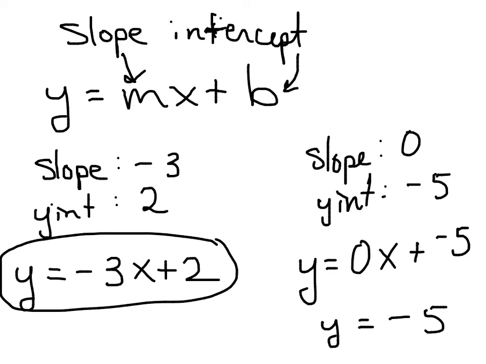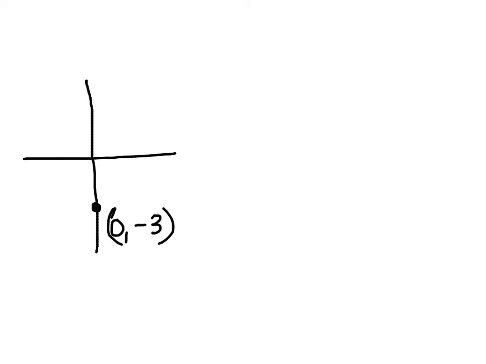So on the first example, they have a graph, and it goes right here at 0, -3. And then up here, it gives you an ordered pair of 4, 3. And then it has this line that's drawn in between them like so.